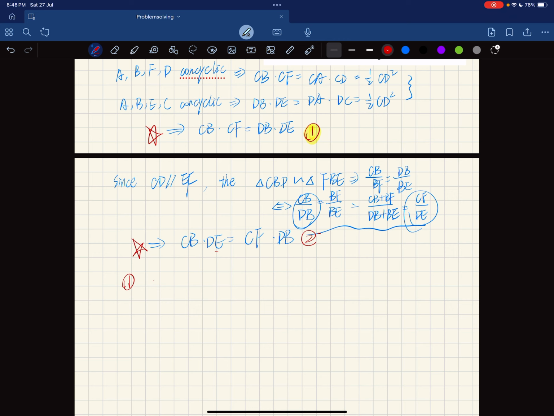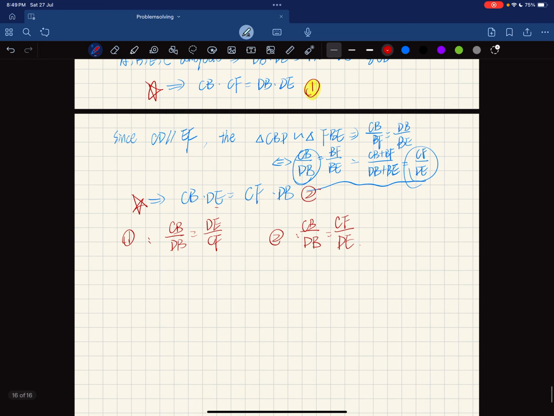From 1, we know CB over DB equals DE over CF. From 2, we can know that CB over DB equals CF over DE.